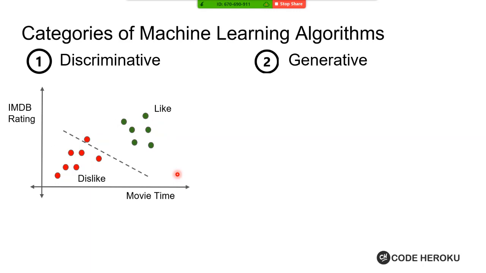It seems a little better, but there is still one point on the other side of the line, so it will try one more time. And now with this line, it seems like everything is correctly classified. In that sense, we could say that a discriminative approach will do some sort of trial and error, based on which it will come up with a decision boundary.